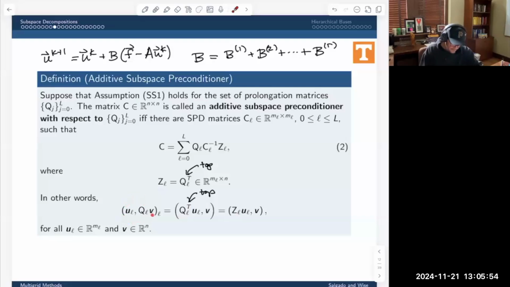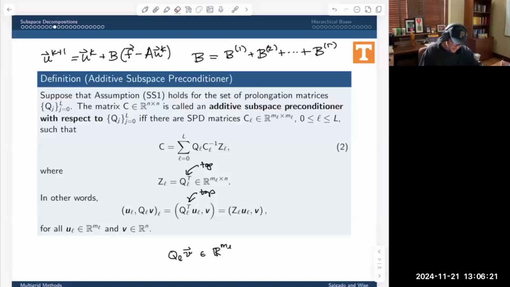So v is in R^n, okay? v is in R^n. Q_L, what is the size of Q_L? So what we want is Q_L times v, this should be something which lives in R^(M_L), right?